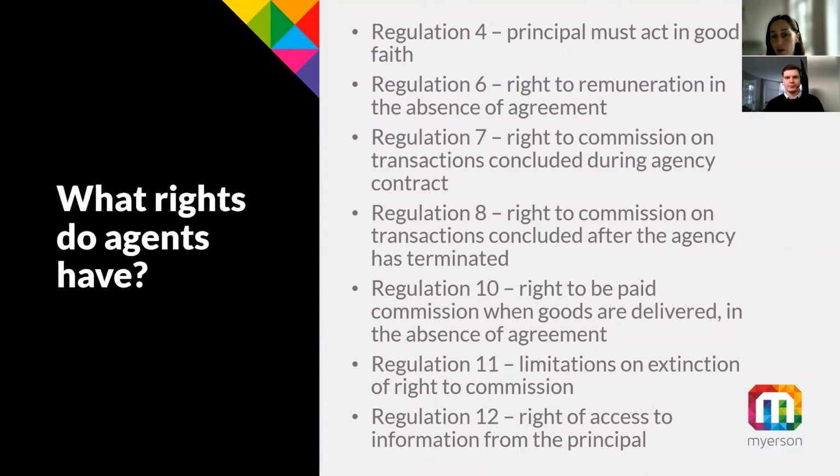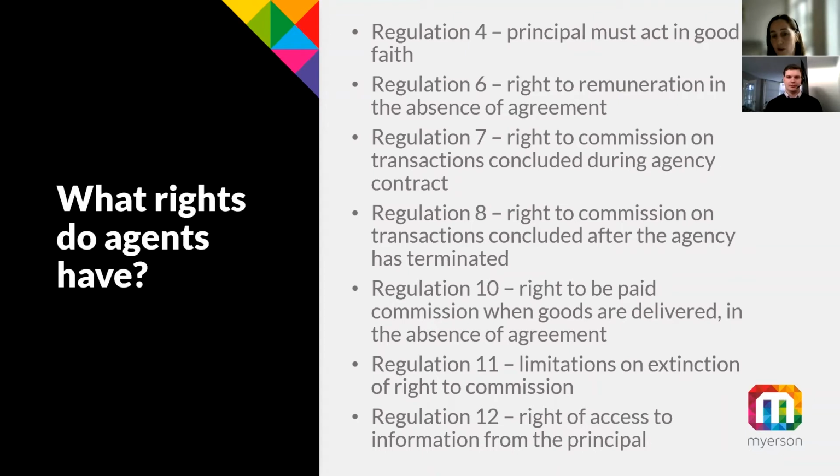So either where the order is from a customer that the agent has introduced, or the order is from a customer within the agent's exclusive territory. And in that latter category, it may well be that the customer hasn't been instrumental in getting an order in, but if the order is from a customer within the agent's territory, then they are going to be entitled to commission on that sale in any event.